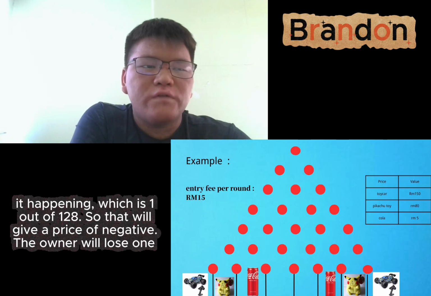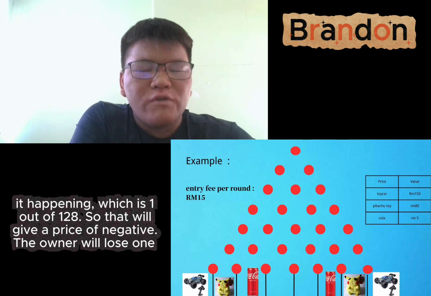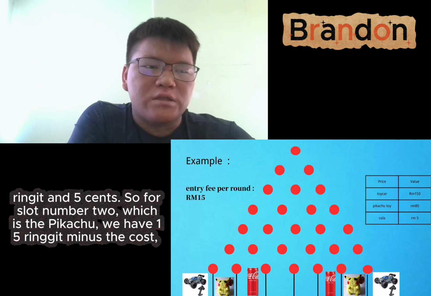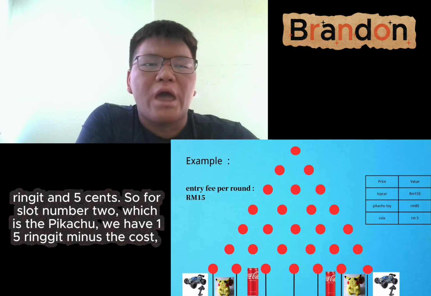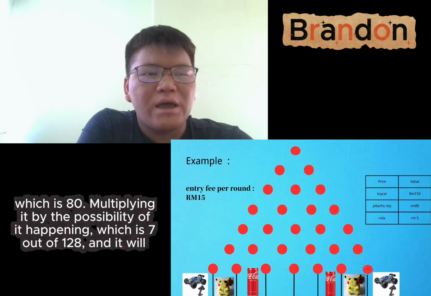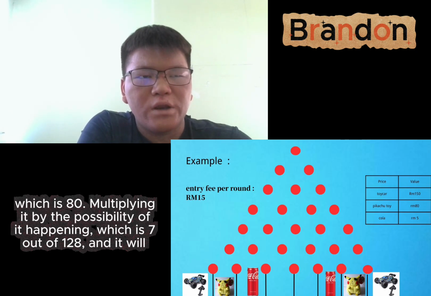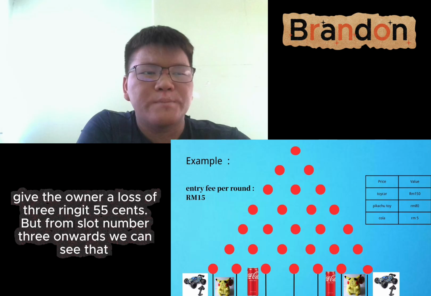That gives negative: the owner will lose 1 ringgit and 5 cents. For slot number 2, the Pikachu, we have 15 ringgit minus the cost, which is 80, multiplied by the probability of it happening, 7 out of 128, and it gives the owner a loss of 3 ringgit and 55 cents.